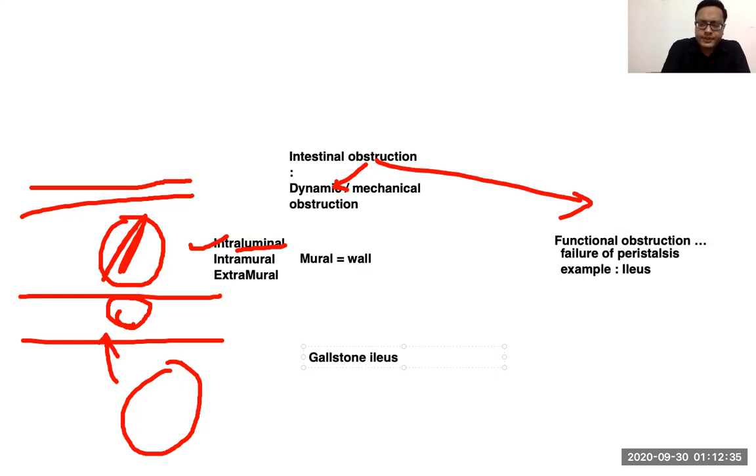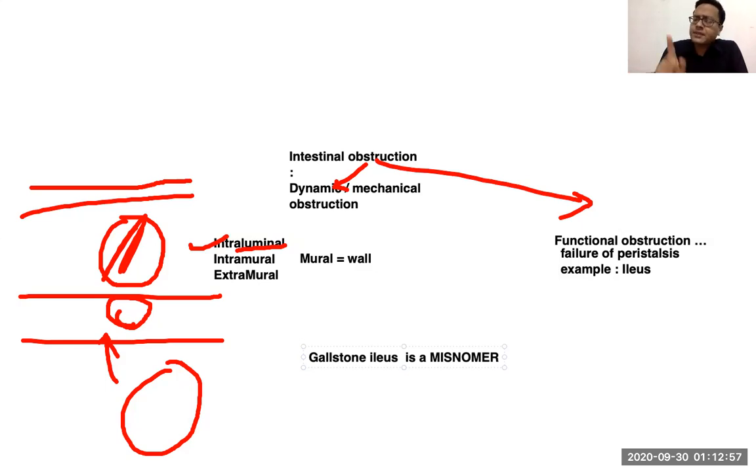The point I'm trying to highlight is that Gallstone Ileus is, as the first concept, a misnomer. It's an inappropriate name which misguides you, because it's not an ileus. When you use the term ileus in the context of intestinal obstruction, it basically means functional obstruction, with no mechanical obstruction, due to failure of peristalsis.